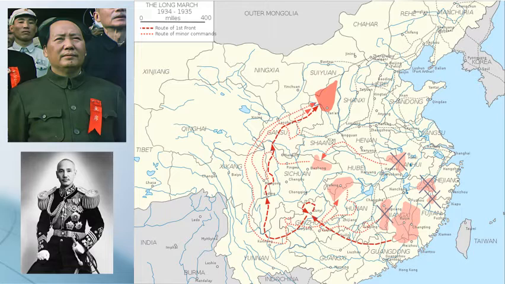So it had badly weakened the KMT, but the communist forces were rearmed and restocked by the Soviet forces that were on their northern border. And so Mao was able to sweep down and beat back the KMT forces and drive them into a retreat to the island of Taiwan.